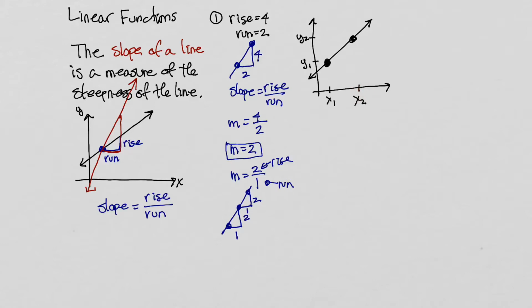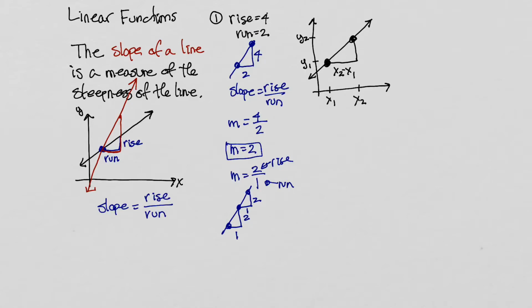Well, you're thinking, 10 minus 3. But in general, it's going to be x2 minus x1. If it was 3 and 10, you take the second x minus the first x. So in our picture here, this distance right here is going to be x2 minus x1.